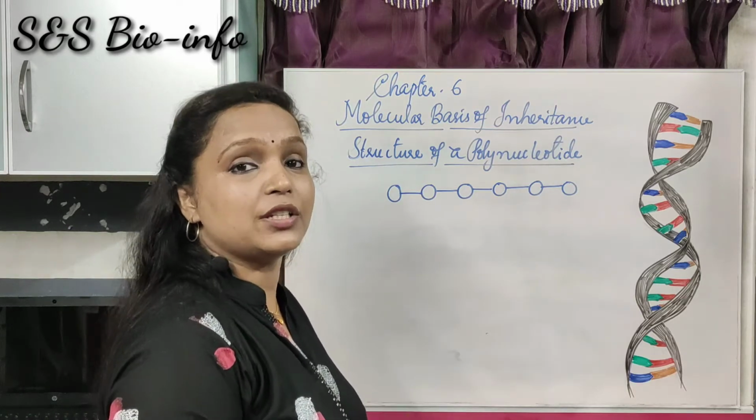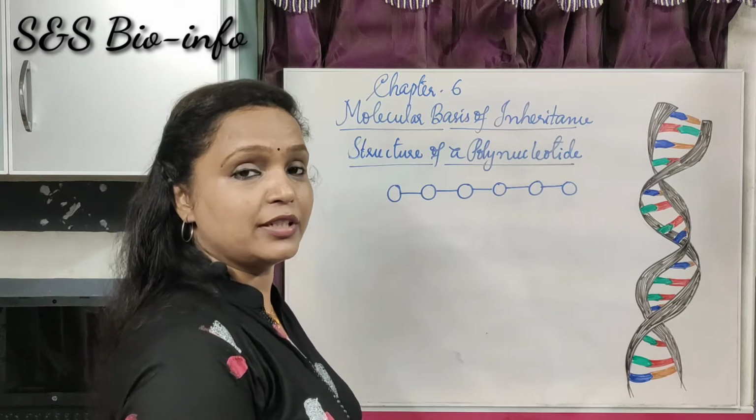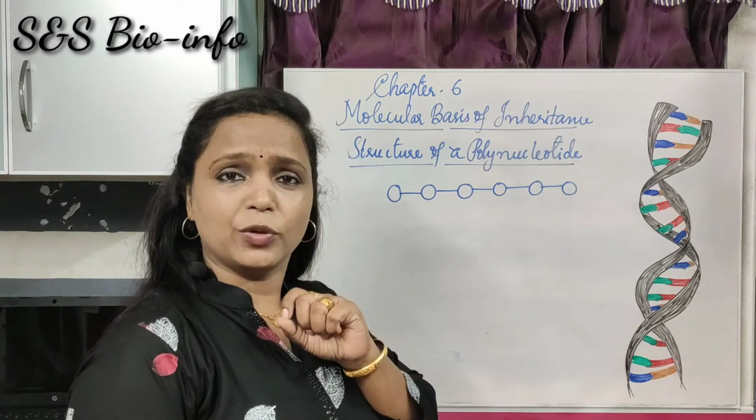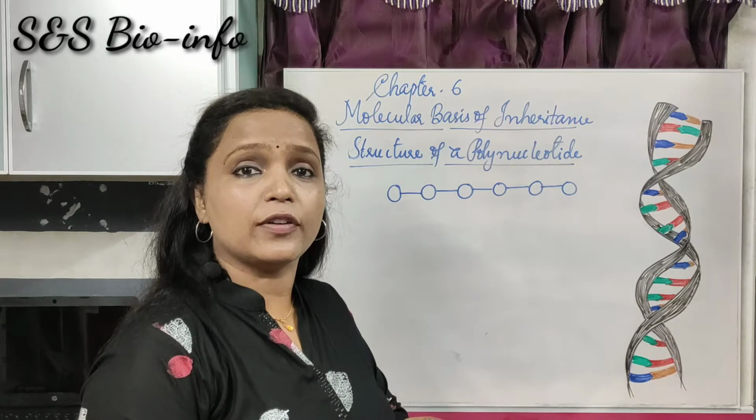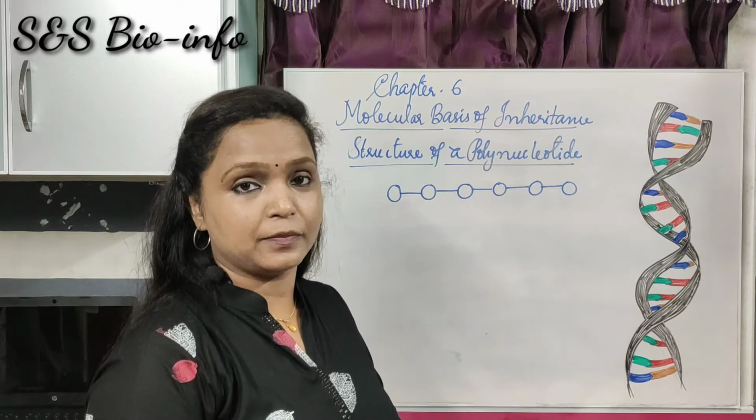Now we are going to learn how a polynucleotide is formed. What is the composition of a polynucleotide? First of all, we must know what are the components of a nucleotide.